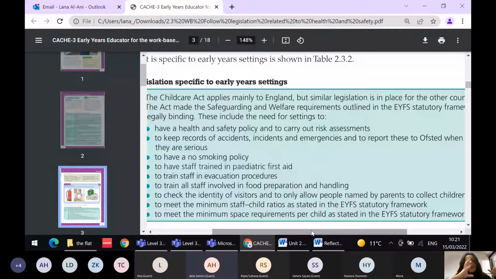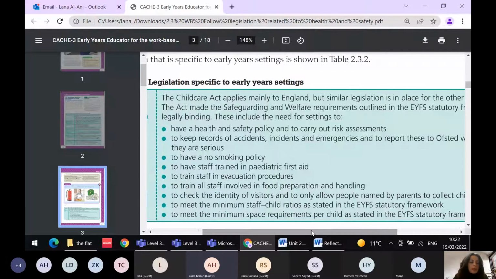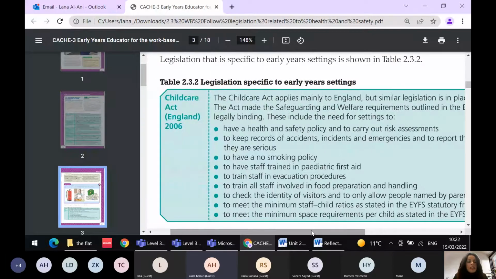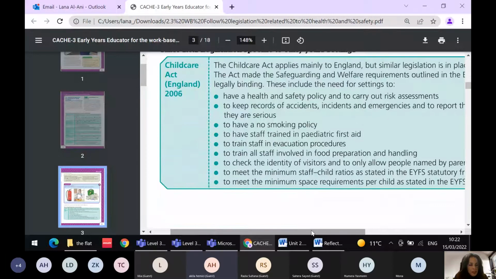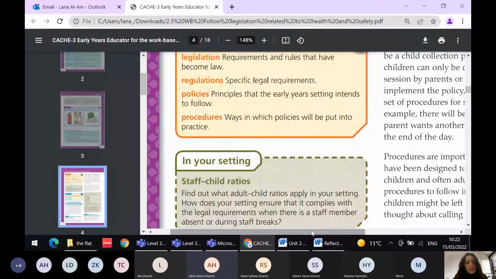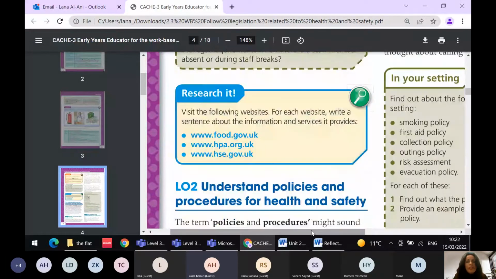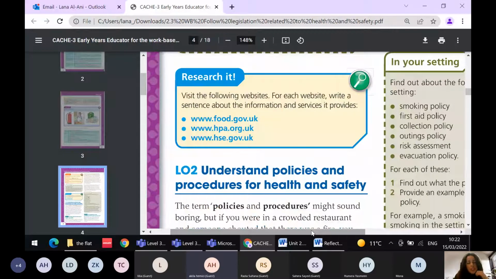So there are specific measurements for each child. You make sure there is the minimum space requirement for all these children, so they can play normally and have a good day.